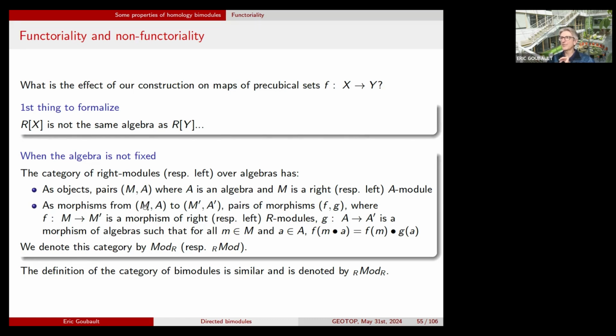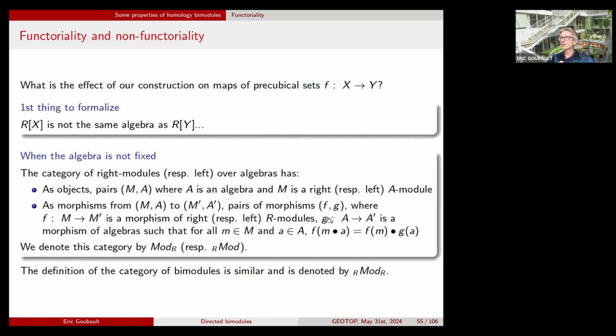And the morphisms from this pair (M, A) to (M', A') are going to be pairs of morphisms (F, G), where F is a morphism of R modules, just a linear map, and G is going to be an algebra morphism from A to A', such that F of the right action of algebra element A on module element M is going to be the right action of G of A over F of M, okay?